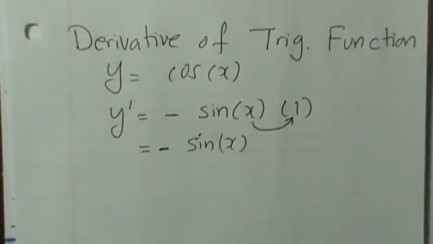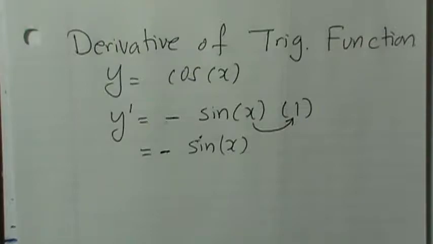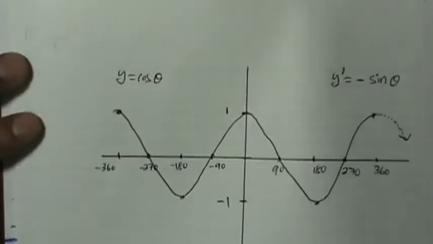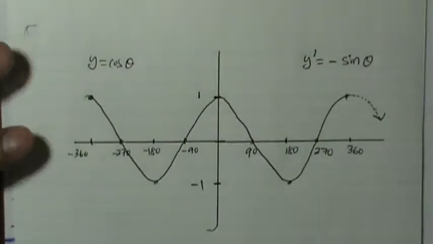Now, we have to wonder why the derivative of cos theta is negative sine theta, which is a very good reason to understand why, not just memorizing, right? So here I drew the graph of cos theta right here.